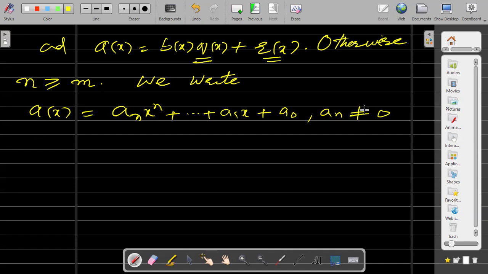And we also write b(x) as, since the degree of b(x) is m, we start from the m-th power term, b_m x^m plus ... plus b_1 x plus b_0. Of course, this b_m is not equal to 0.